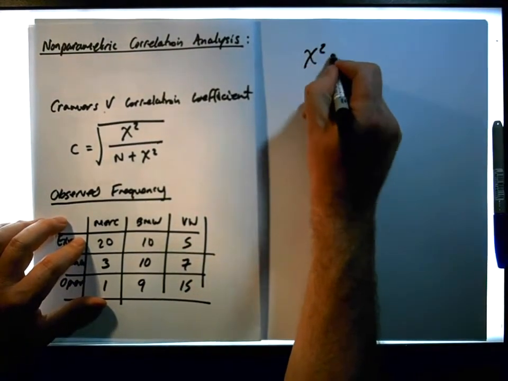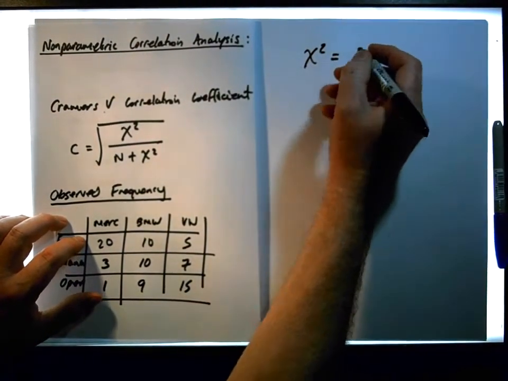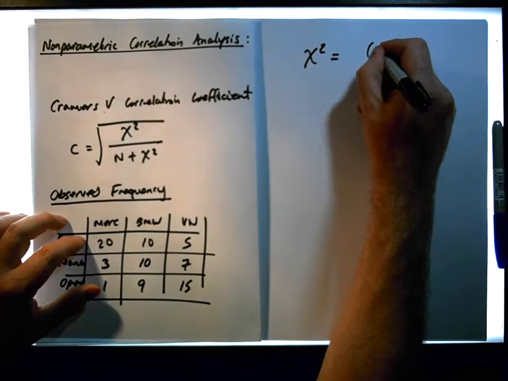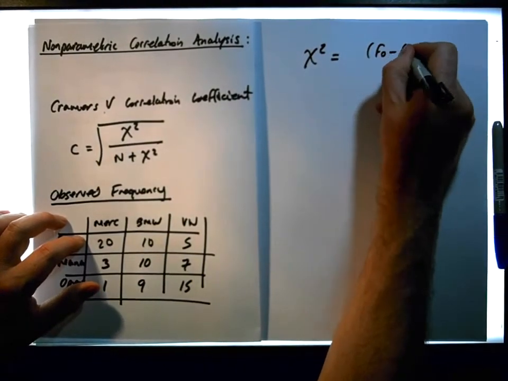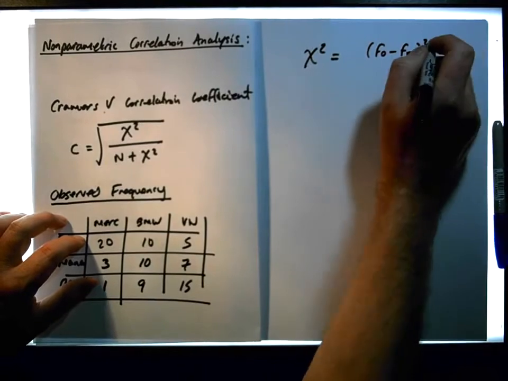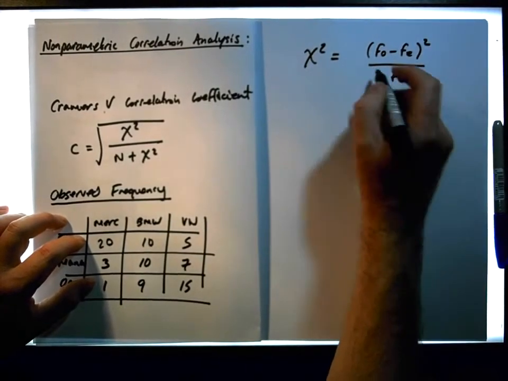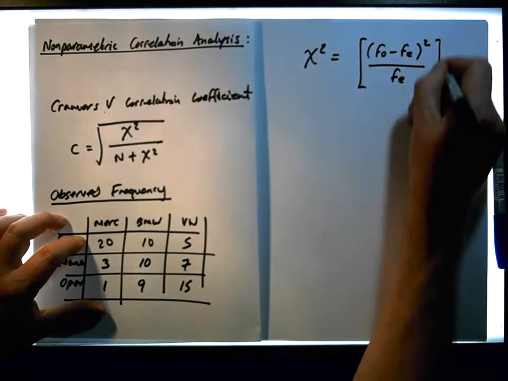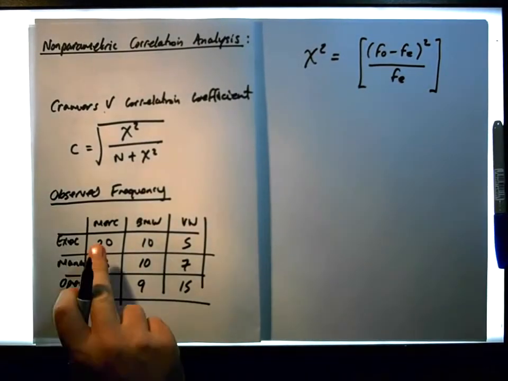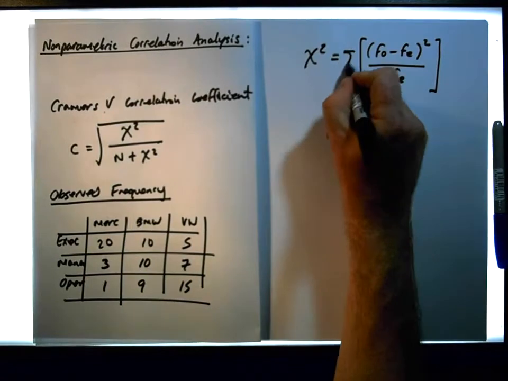Chi-squared is equal to the sum, over all classes, of the observed frequencies minus the expected frequencies, squared, all relative to the expected frequencies.